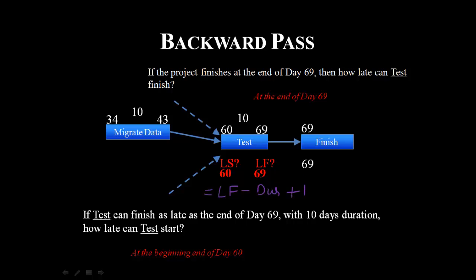When we were calculating the EF, it was early start plus duration minus 1. But in this case, it's late finish minus duration plus 1. So in this case, late finish is 69, minus duration, which is given to us as 10, plus 1. So it would be 70 minus 10, which is 60.